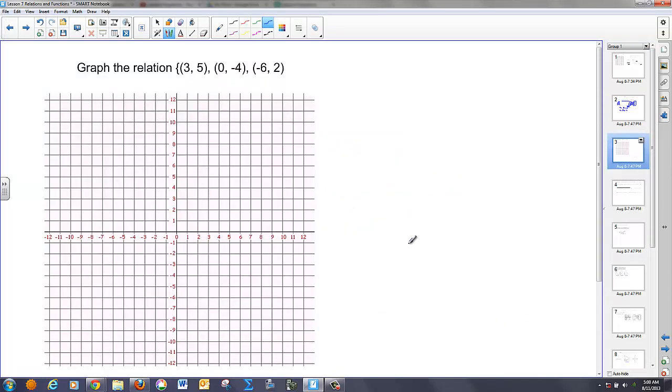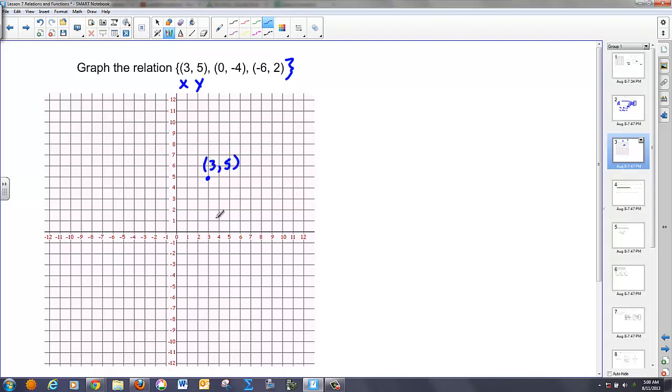If I want to actually go ahead and graph a relation, that means graph these coordinate points. We know our first value is an x value and our second value is a y value. The x value is the horizontal placement, so I move over 3. The y value is the vertical placement. I go up 5, and there's the point 3, 5.